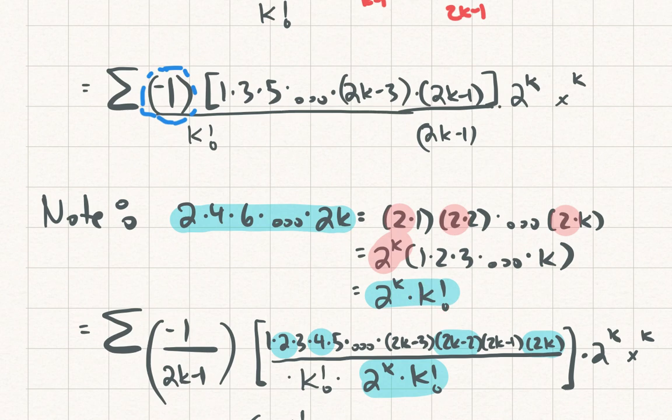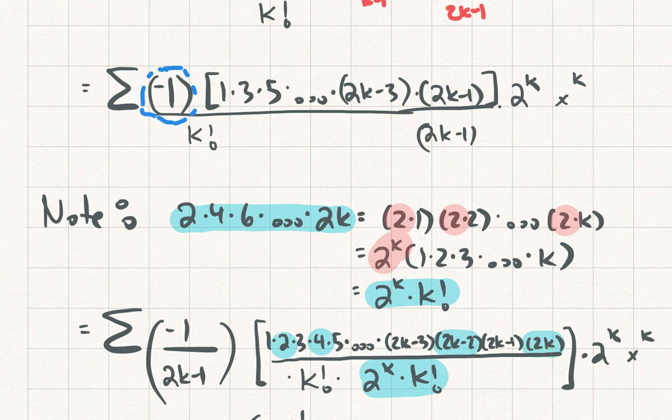So that's what I'm going to do, is I'm going to multiply and divide this expression by 2 times 4 times 6, whatever, times 2k, which is the same thing as multiplying and dividing by 2 to the k times k factorial. So I'm going to multiply by the actual numbers here: 2 times 4 times 6 times 8 all the way up to times 2k minus 2 times 2k.